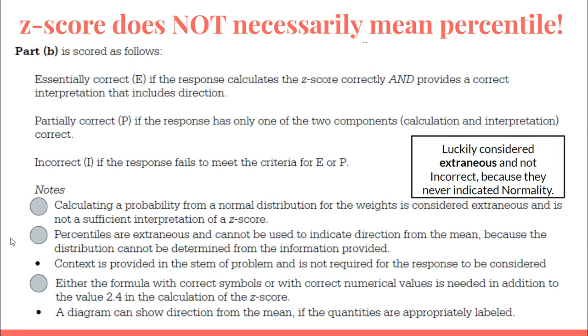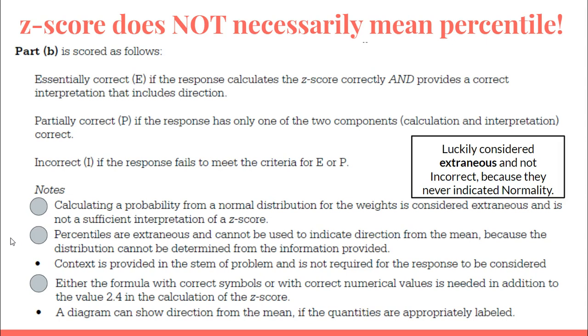Students who do that are getting pretty lucky on this rubric. Never assume normality. Your job is to either be given it or you can justify it, as we have learned throughout the year. Percentiles are extraneous and cannot be used to indicate direction from the mean because the distribution cannot be determined from the information. You don't know the shape of the distribution.